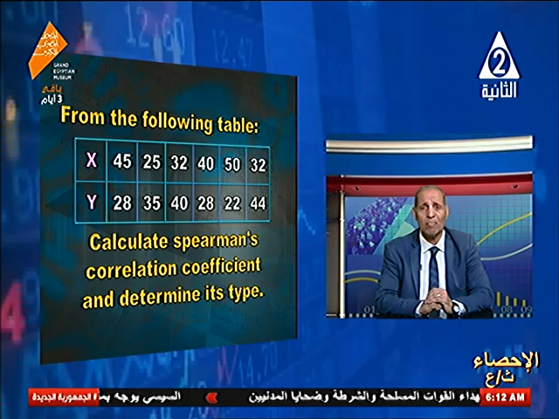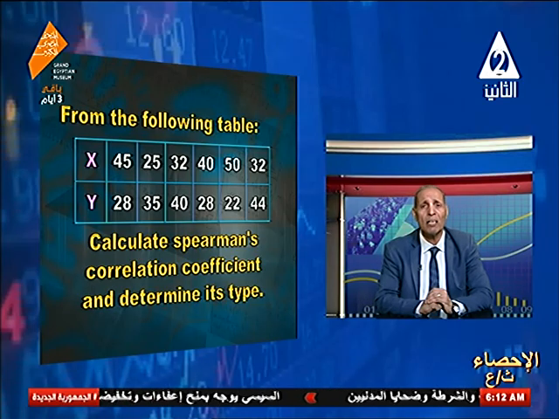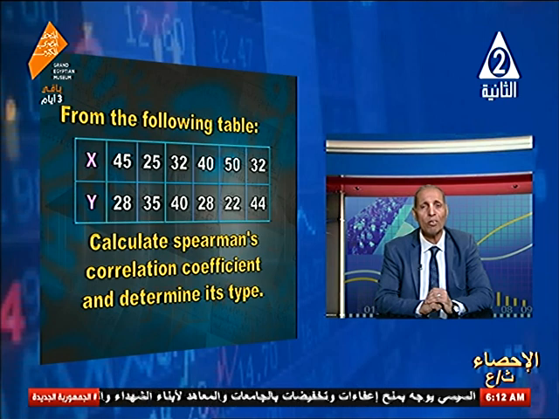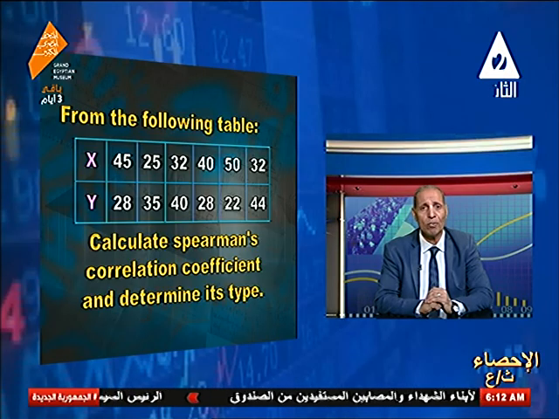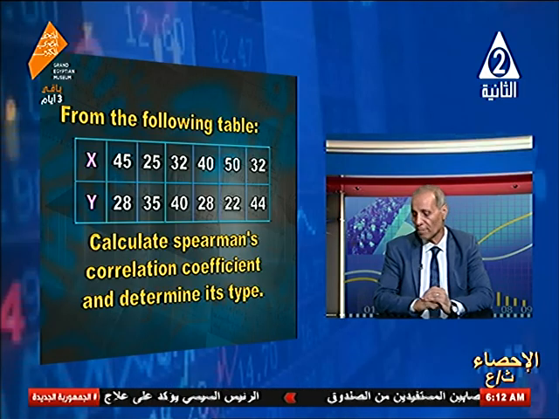The number of X or the number of Y. After that, N multiplied by N square minus 1. Then by substitution, we find R. What is R? It is the Spearman rank correlation coefficient. Look at the solution.